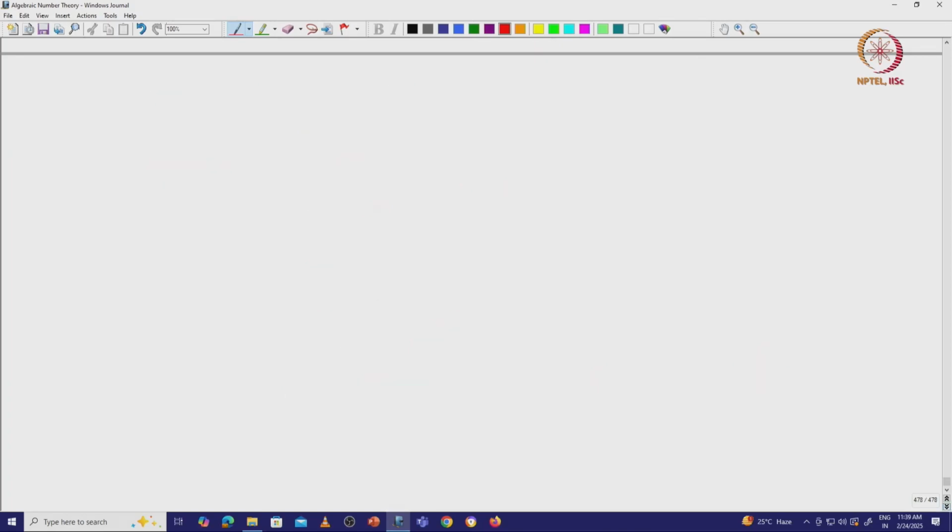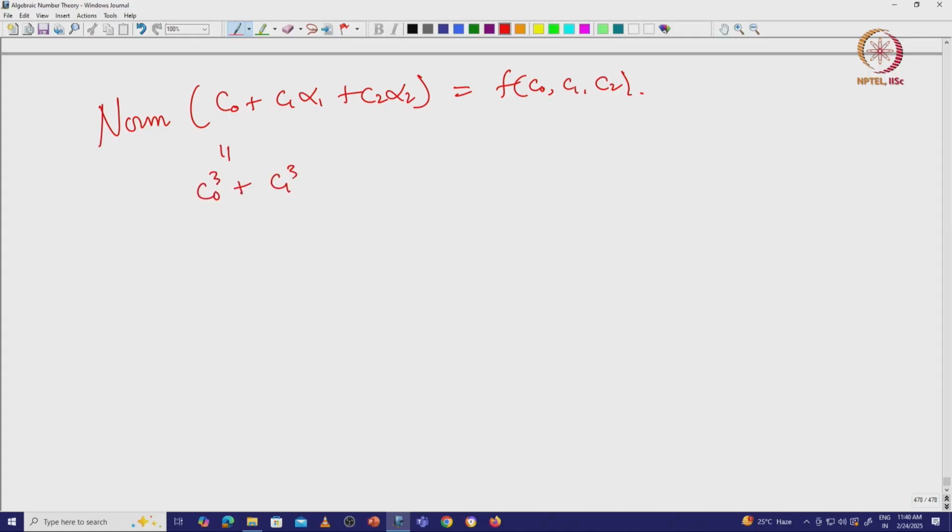So, what I am going to do next is I am going to ask you to compute the norm of C0 plus C1 alpha 1 plus C2 alpha 2, and we will denote this by f of C0, C1, C2, and you can compute this norm and it turns out to be C0 cubed plus 12 times C1 cubed plus 18 times C2 cubed minus 18 C0 C1 C2. So, this thing is an exercise if you like. It is not a difficult exercise, but you have to do some computations.